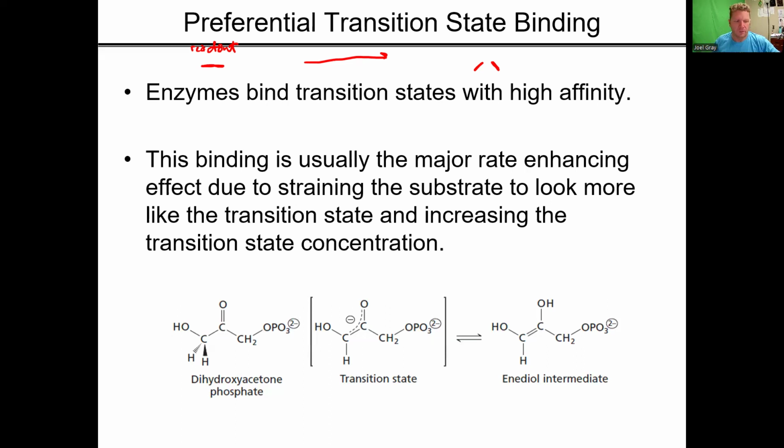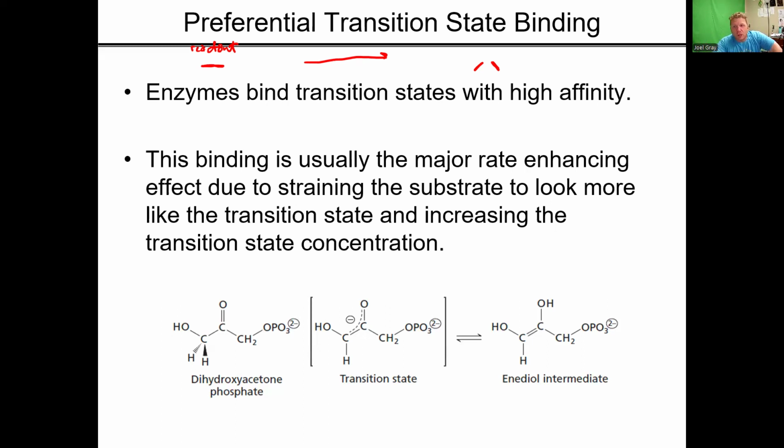So if the structure of my enzyme resembles or complements the transition state, that's going to increase the rate of my reaction, because my enzyme's not going to get trapped holding on to it like this. Instead, my enzyme is only going to bind it when it's 75% of the way broken.